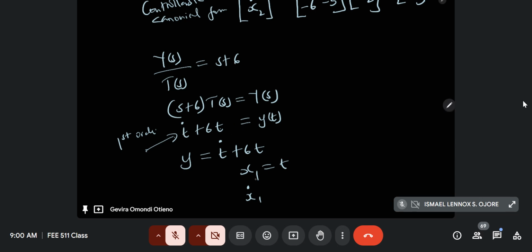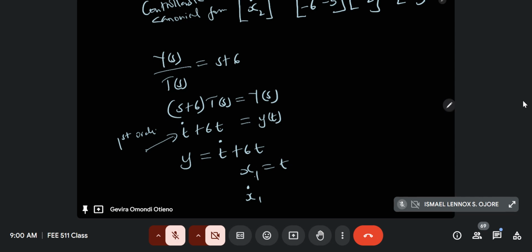So I'm only picking one state variable for the second block. If the differential equation was of order 2, then I would pick 2 state variables. If it was of order 3, I would pick 3 state variables, like we've done with the first block. So because in this case we only have a first order differential equation, we are picking only one state variable, x1 of t.